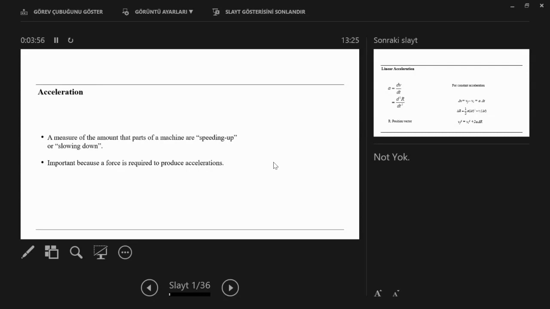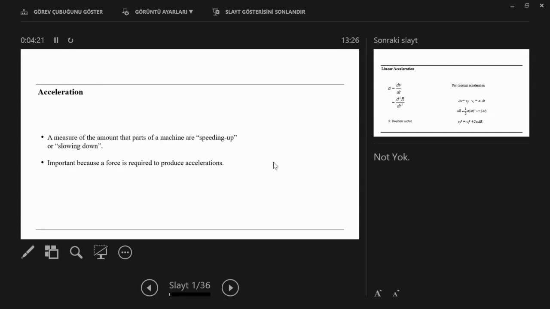We use lots of different mechanisms in machines, so if we design a machine, we have to calculate depending on the mechanism which we apply. We should be able to calculate the speed and acceleration, because they are important for a machine.